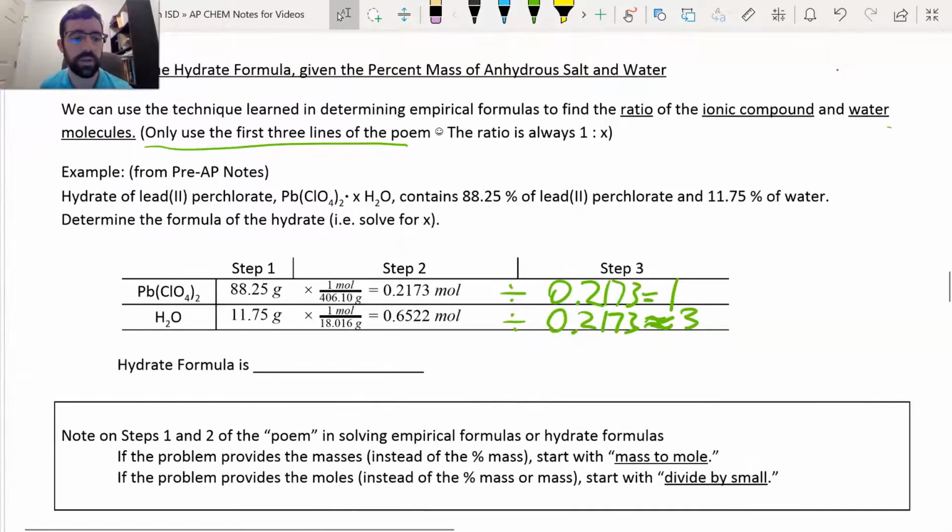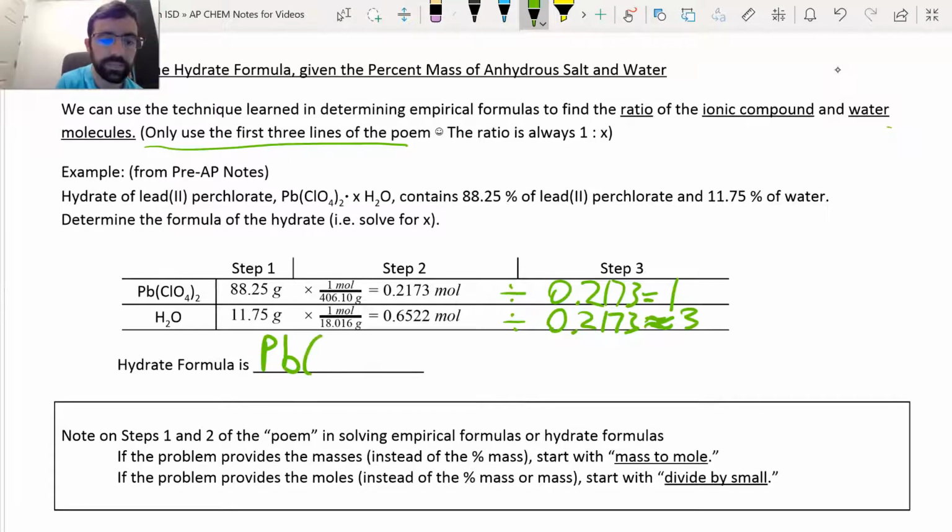So our formula is going to be Pb(ClO4)2, and then we have that X we're replacing with the number 3. We do a raised dot. That doesn't mean multiplied by. It's just the way that we write hydrates. It just means for every Pb(ClO4)2 we have 3 water molecules.